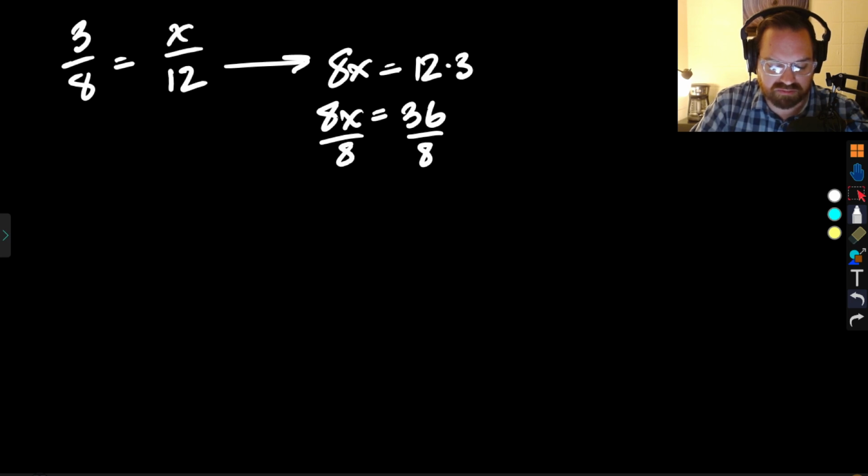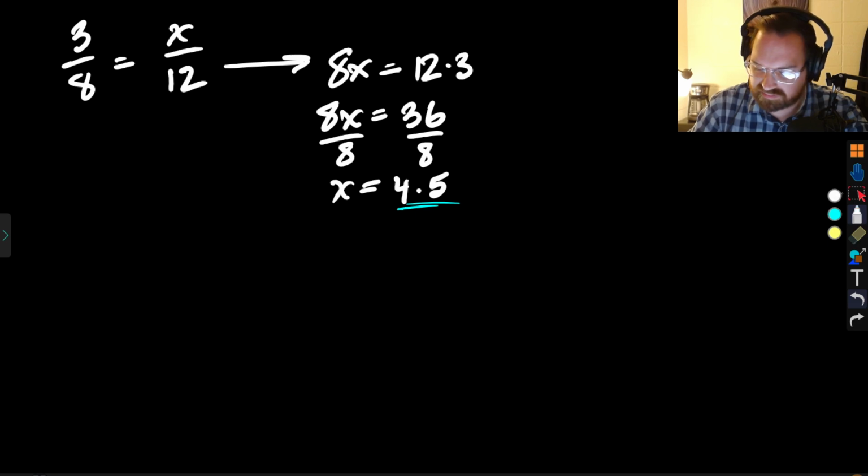So these two numbers are multiplying, and so in order to undo that, we have to divide. So we divide by that number. And so 36 divided by 8, this is going to produce 4.5. Okay. So that'll be the missing value. And that's it.